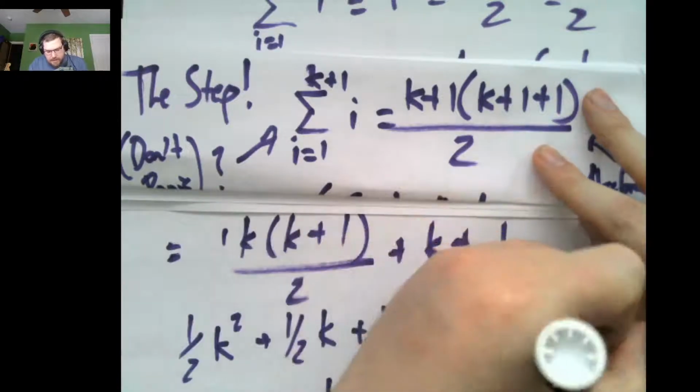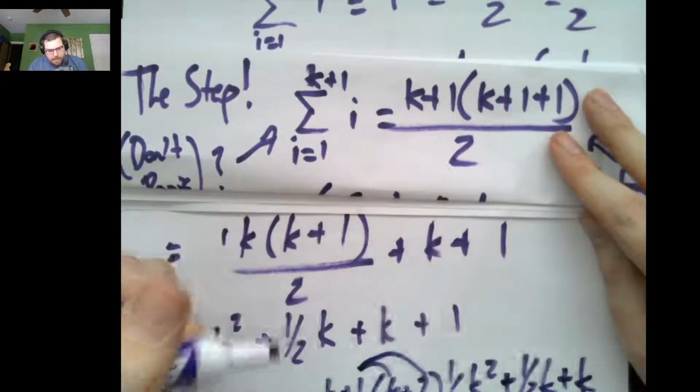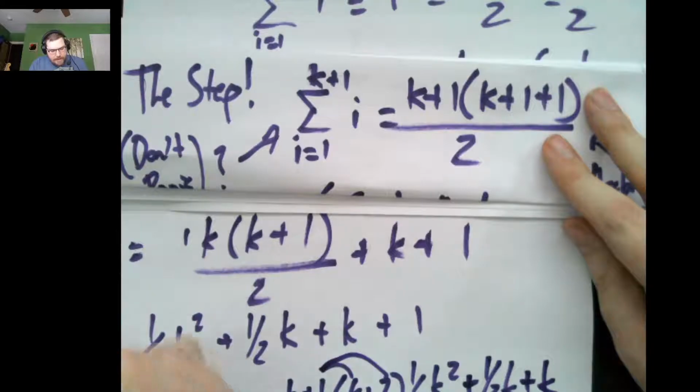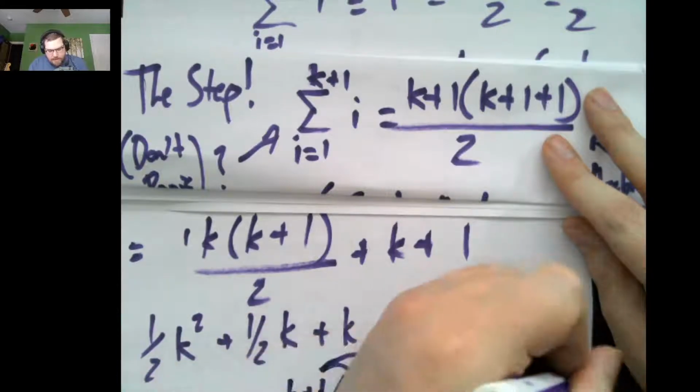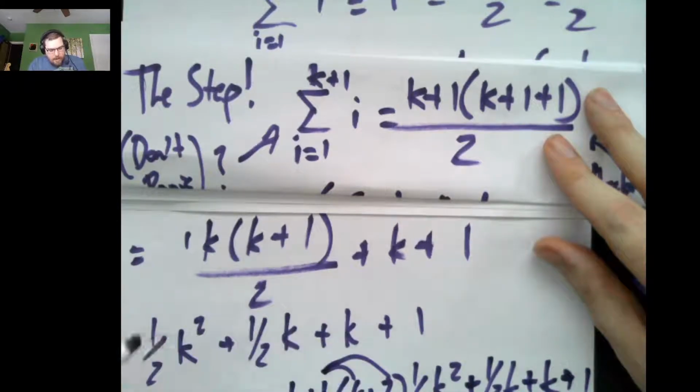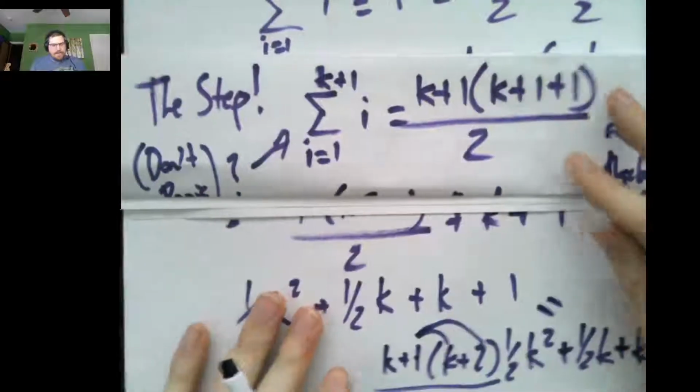Then these two together plus k, and then 1 times 2 divided by 2 is 1. Oh, we did it! We did it!